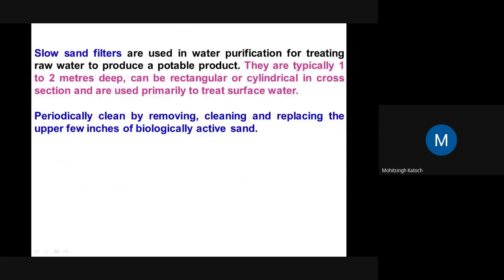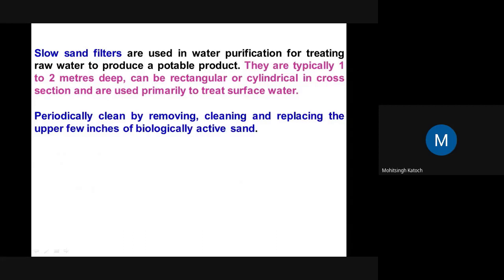So slow sand filters are used in water purification for treating raw water to produce a potable product. They are typically 1 to 2 meters deep, can be rectangular or cylindrical in cross section, and are used primarily to treat surface water. These slow sand filters are periodically cleaned by removing, cleaning, and replacing the upper few inches of biologically active sand.